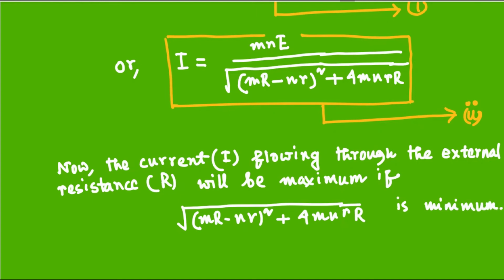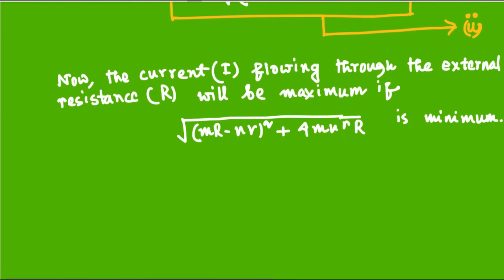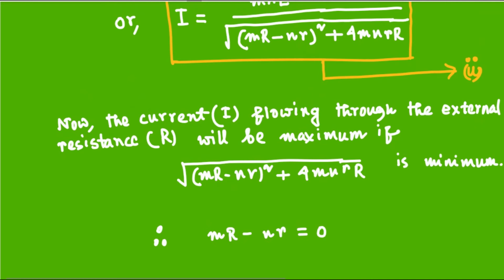The denominator will be minimum if current I is maximum. So this term will be minimum provided mr minus nR is 0, because 4 mnrR cannot be 0. That's why mr minus nR will be 0.